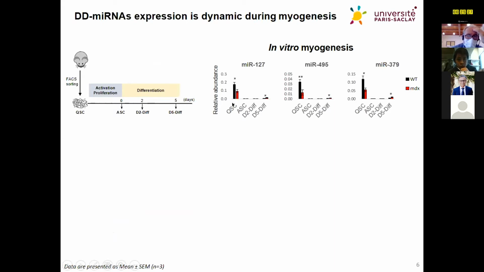This is not surprising because the locus plays a role in the stemness of the stem cell. But what interests us is that during differentiation, the expression rises, and rises especially higher in the MDX differentiated myotubes.